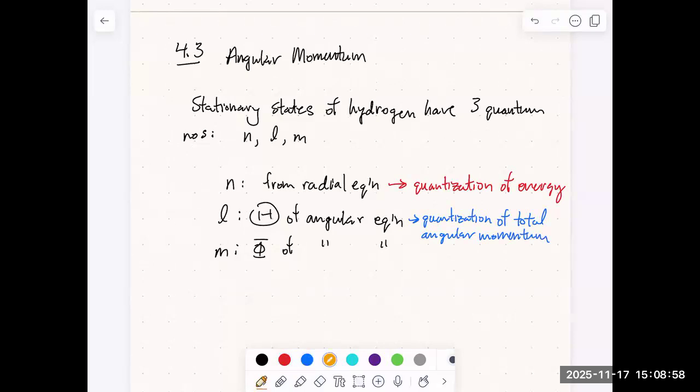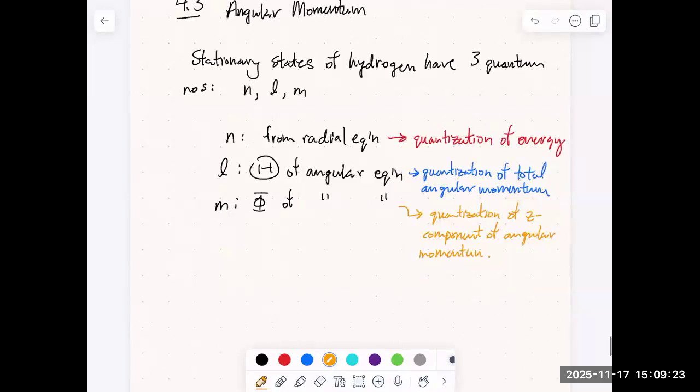And this m is quantization of the z component of angular momentum. So clearly, we have not shown these last two yet, but that's just the direction that we're headed.